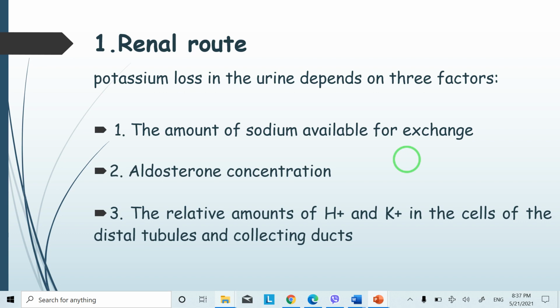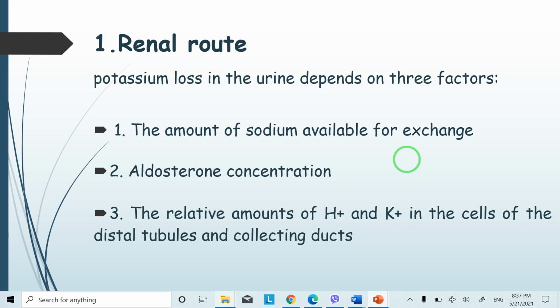So we have three factors that control how much of the potassium will be secreted from the distal tubule cell and collecting duct cell into the urine.